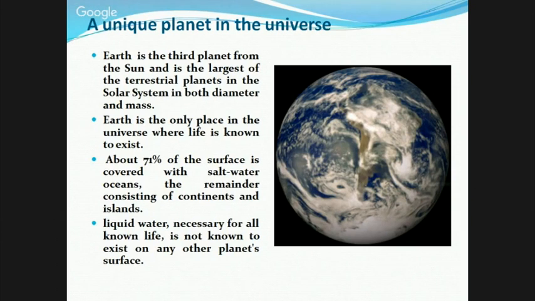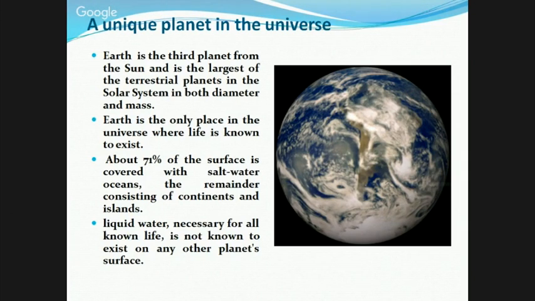We have been searching for life and other indications of life on other planets also, but we are not able to find it. Earth is the third largest planet of our solar system, and it is the only one with life.